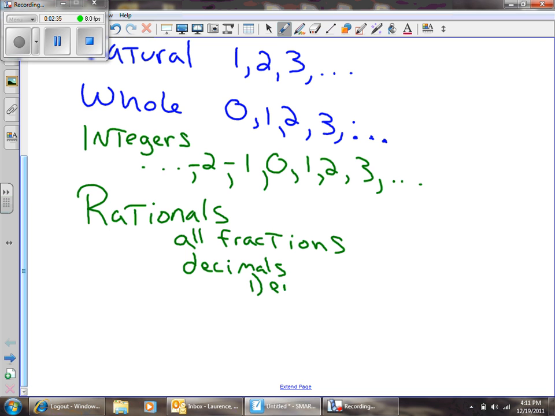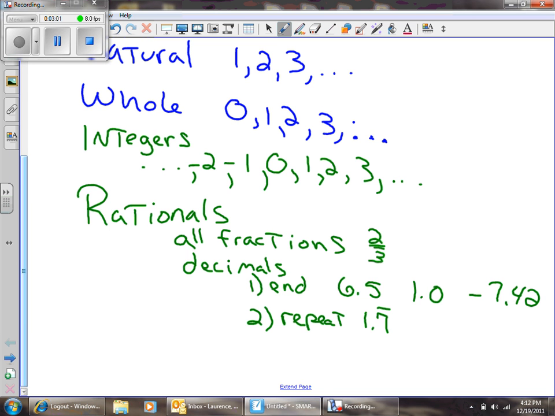Decimals that end, like 6.5 or 1.0, or decimals that repeat, like 1.7 repeating, okay? 2/3 is a fraction that would be included. They do include negatives. They could include negative 7.42, okay? If you can write it as a fraction, it's rational.